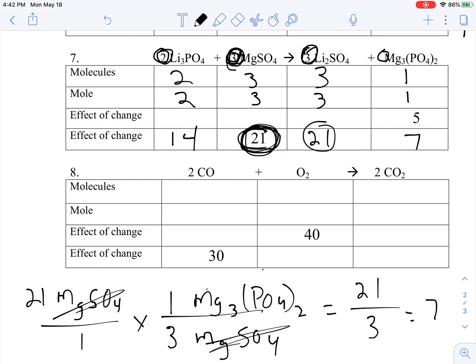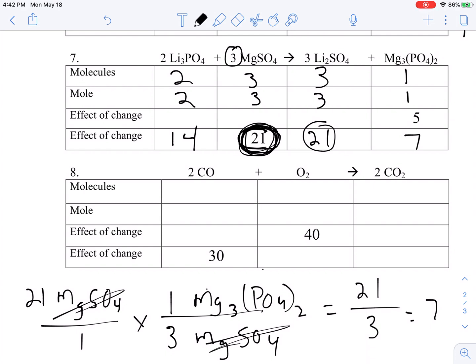Now take a look at this. In the original problem, we had a mole ratio of 2 to 3 to 3 to 1. But our ratio of 2 to 3 to 3 to 1, if we changed this to 21, we had to multiply the 3 times 7 to get 21.